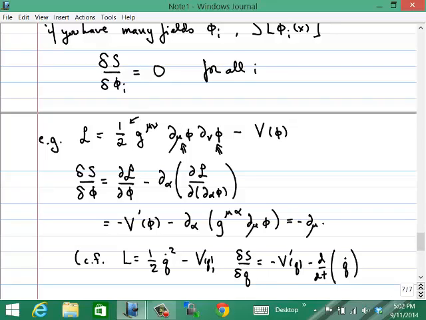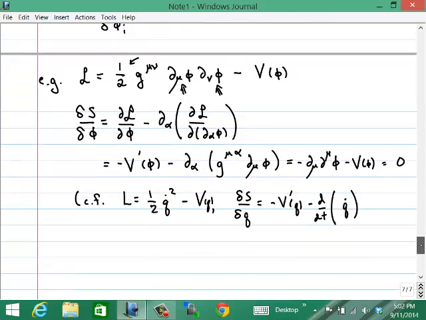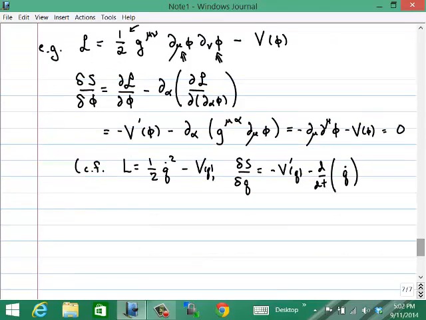We can write this a little more succinctly as minus ∂_μ∂^μφ minus V'(φ) being equal to 0. And indeed, this is our old friend, the Klein-Gordon operator. It's the only operator that you can get that gives you a second-order wave equation consistent with the rules of special relativity.